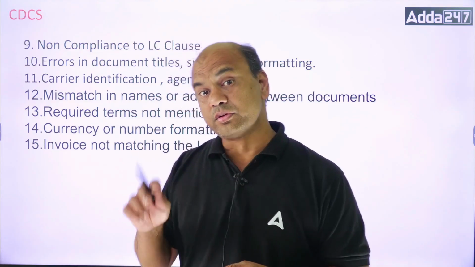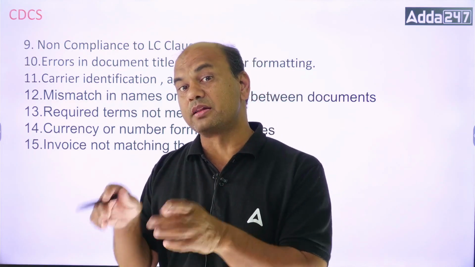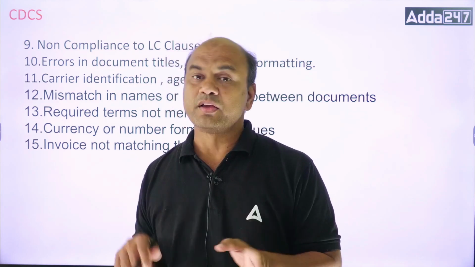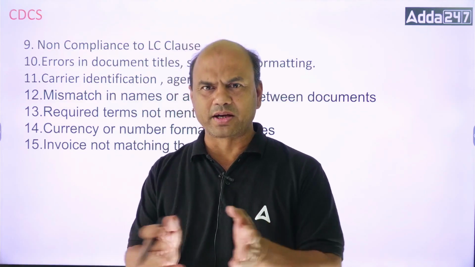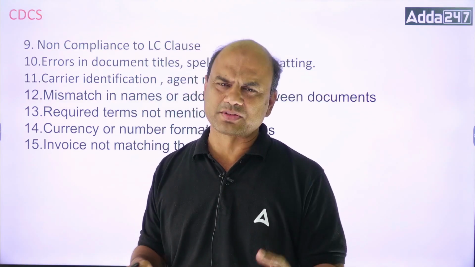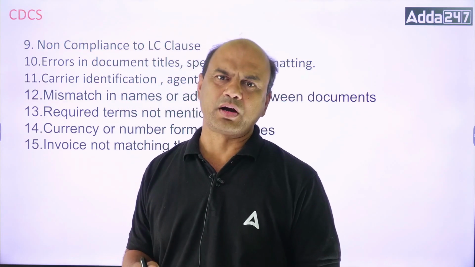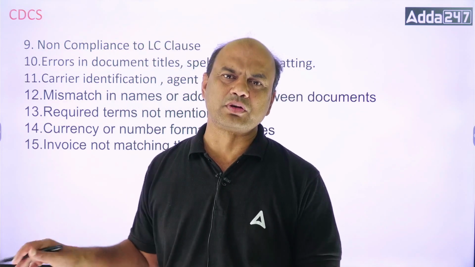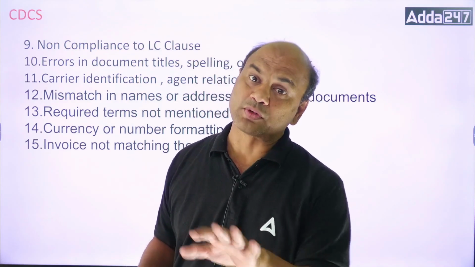So, if invoice is for the less amount, you will have to check it as per Article 30. If partial shipments are allowed, then no problem. You can check how many partial shipments are done and whether it totals later. Means per shipment you will have to check how much amount of this credit is gone. Isn't it? That's what you will be checking. This is for the lesser amount.